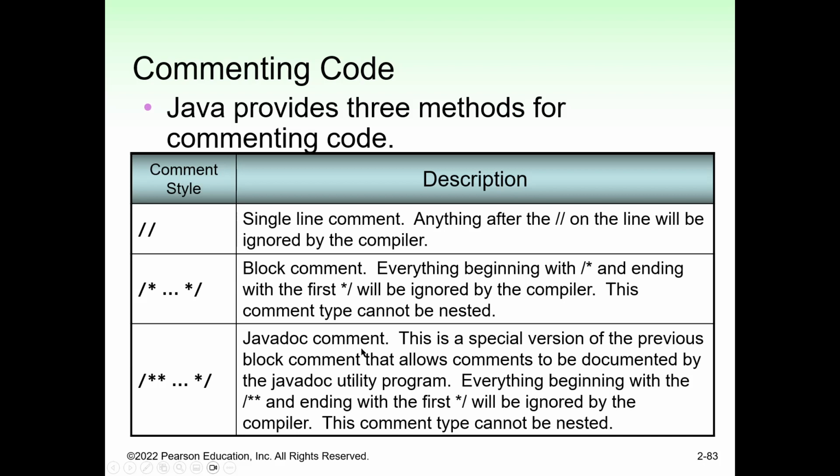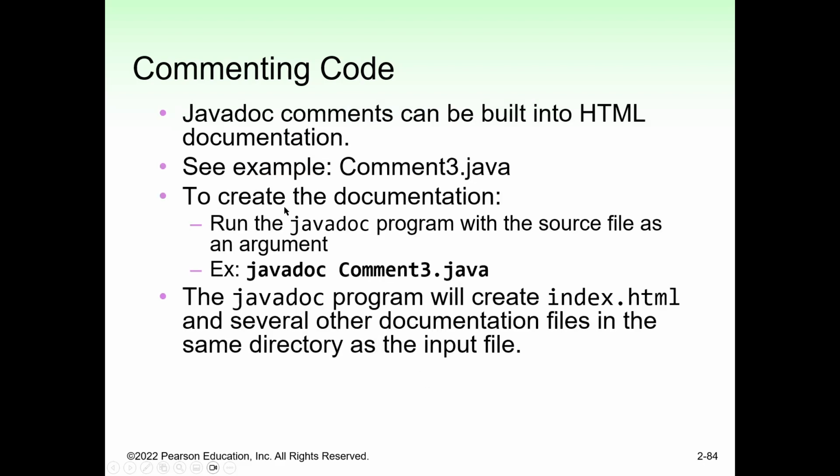And then Javadoc comments, this is something a little bit different. Javadoc comments are used for creating a separate file of documentation, and I will show you what that looks like. It's going to be an HTML file, so it's going to be HTML documentation.